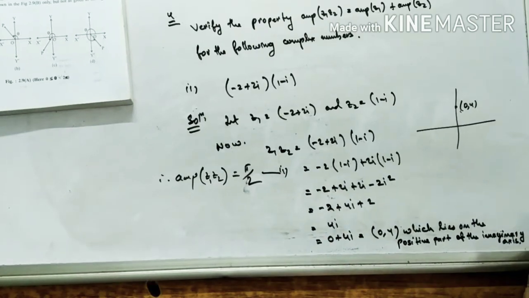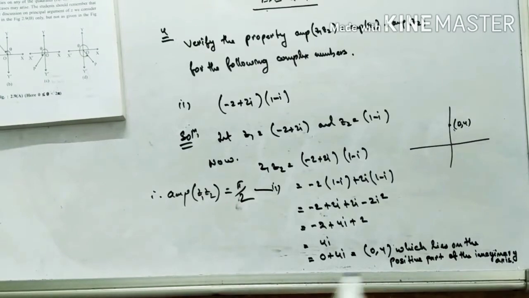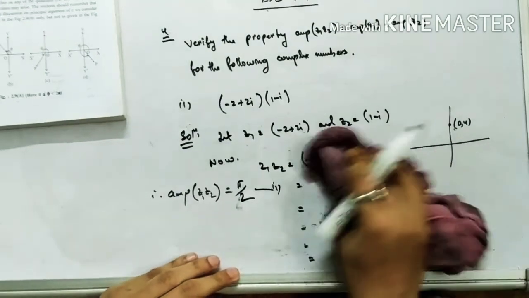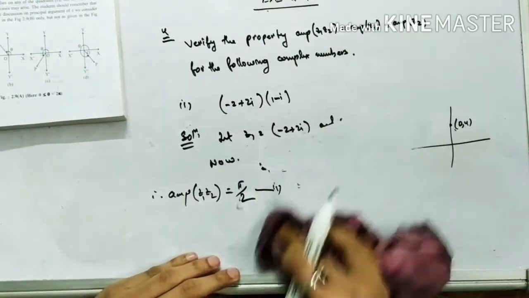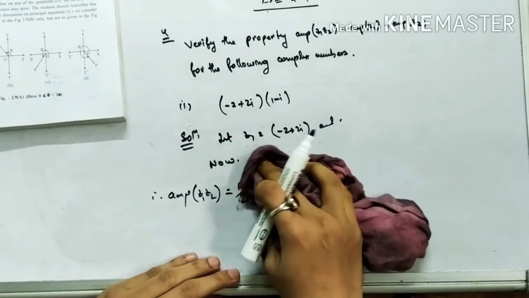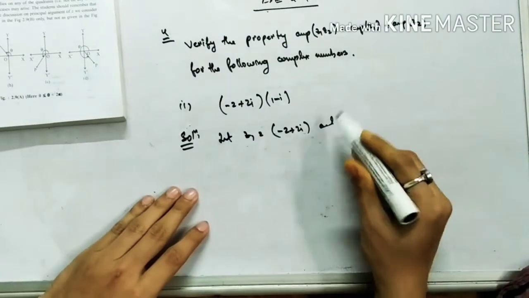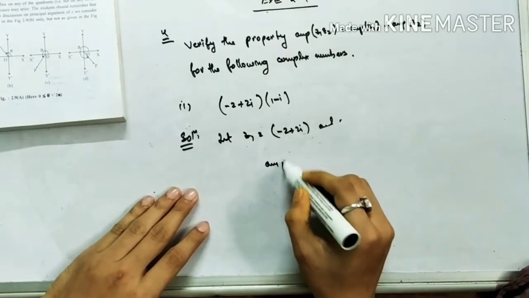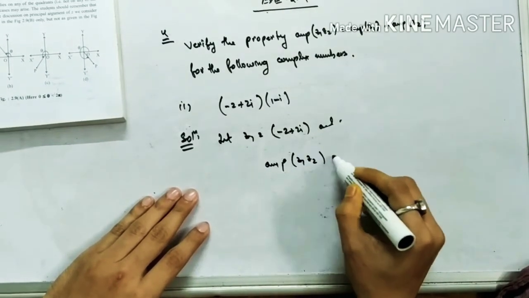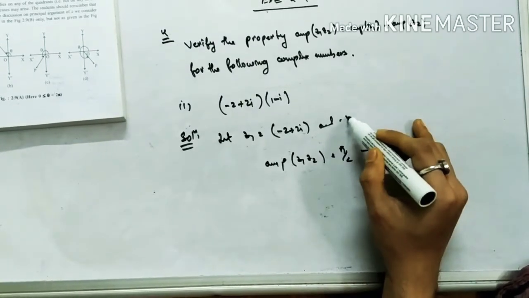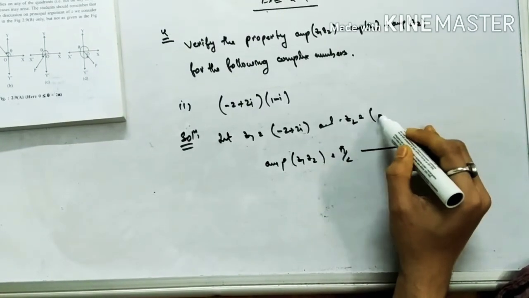Next, let me write this. Amplitude z1 z2 is equal to pi by 2, this is equation 1. z2 is equal to 1 minus i.